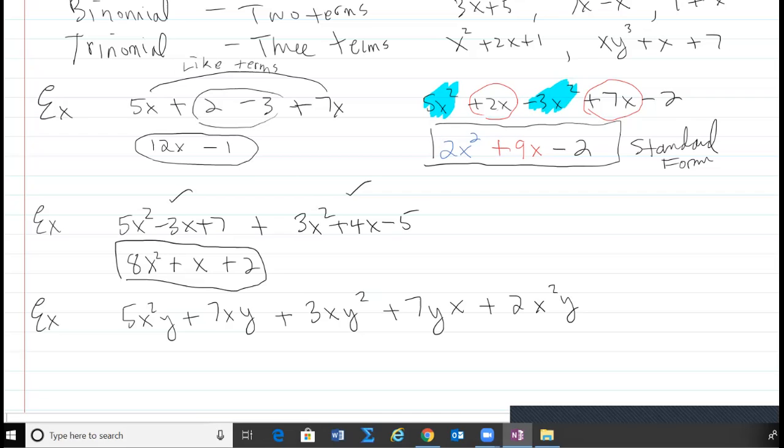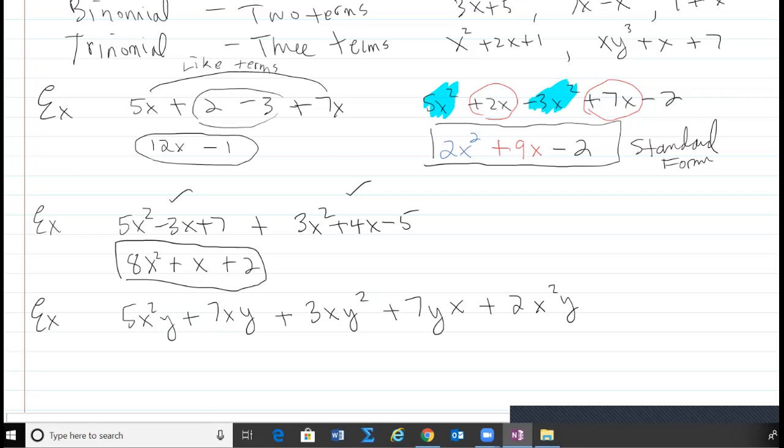Okay. Now I'm going to try to combine these terms. Okay, so this is one polynomial with a whole bunch of terms, and I want to simplify. Well, you have to look at matching terms, like terms.